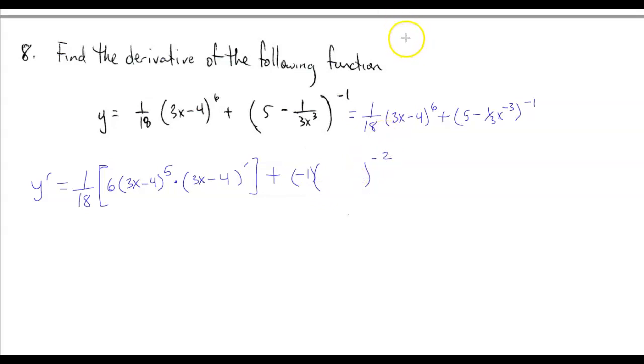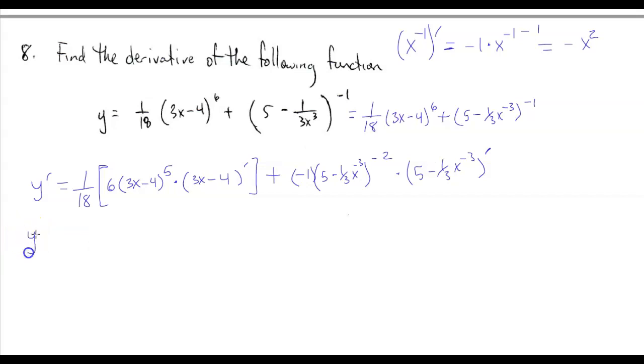I say that because if I had x raised to the -1 and took the derivative, that would just be -1 times x raised to the -1 minus 1, which would be this. So we're doing the same thing there. And here we would take the derivative of the inside function with respect to x. Of course, the inside function, or blah here, is just 5 minus 1/3 x raised to the -3.